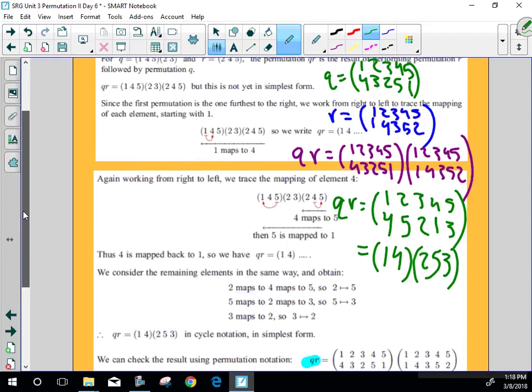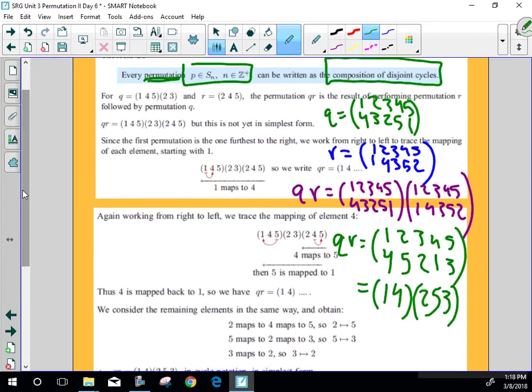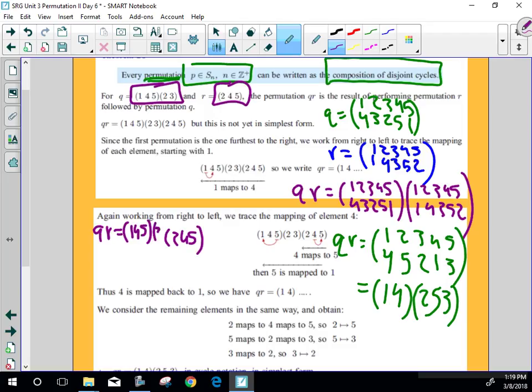Okay, now what we're going to do, I've got to brace myself here: QR. Here's Q and here's R. R is the inside, 2, 4, 5. Q is the outside, 1, 4, 5, 2, and 3.